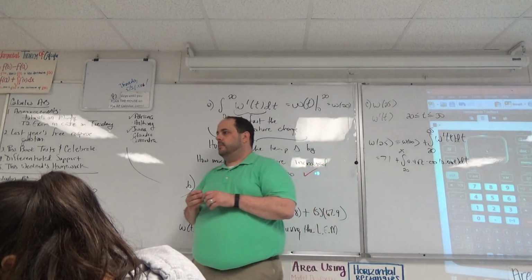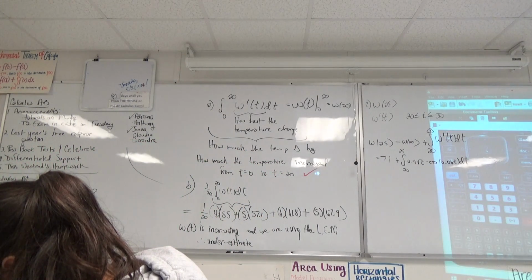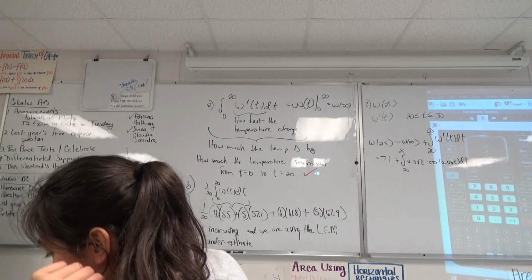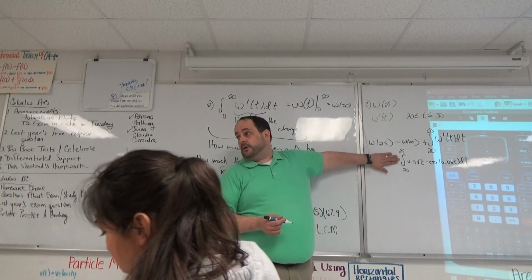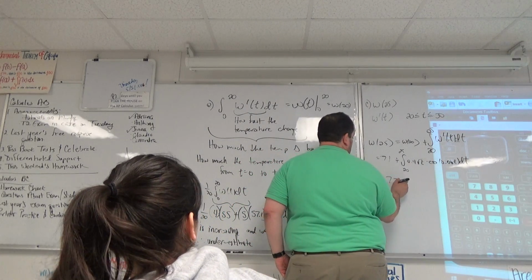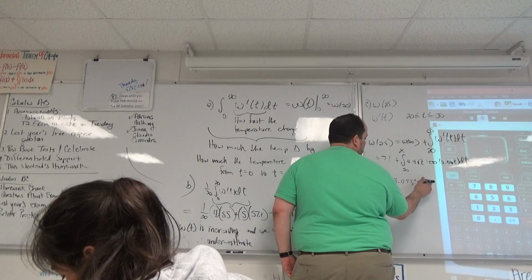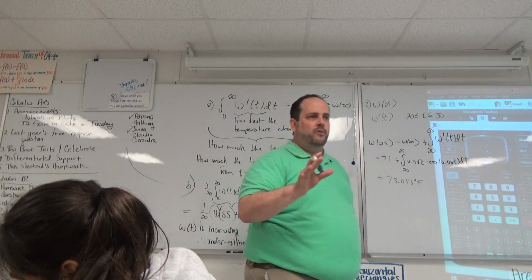So you're saying you didn't add the 71, you just evaluated the definite integral. Right, and so then you would add it, and you're going to then get 73.043 degrees.